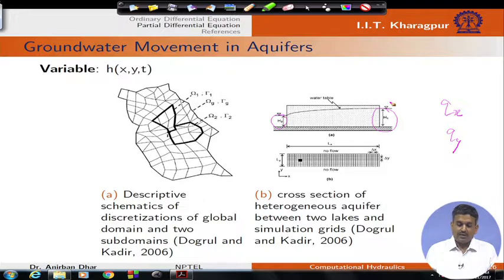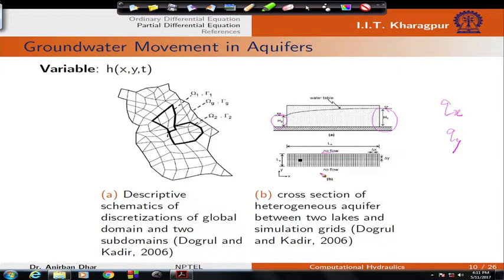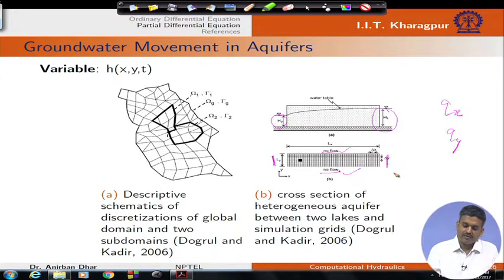So, essentially that is your boundary value problem. We have no flow on these two sides and specified head in these two directions. That means we have two Neumann boundaries and two Dirichlet boundaries.